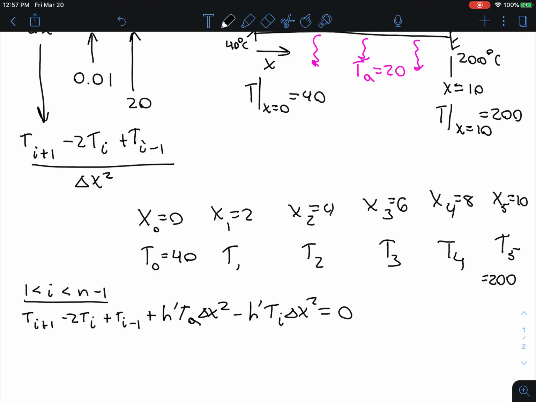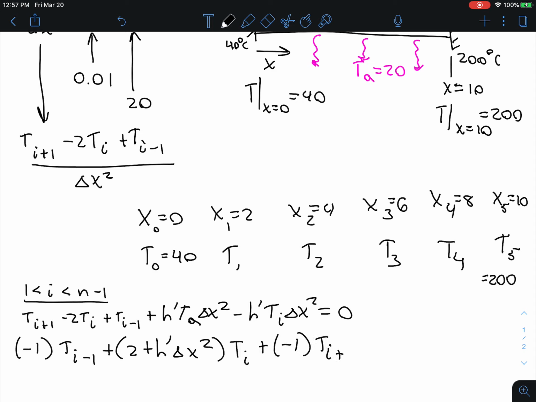So we're going to have minus 1 T sub i minus 1, plus 2 plus h' delta x squared T sub i, and then plus -1 T sub i plus 1, and that is going to equal h' Ta delta x squared.